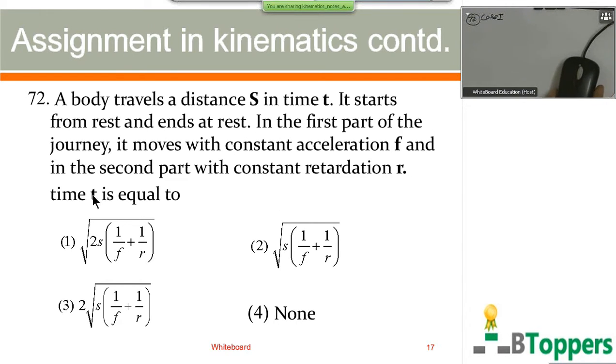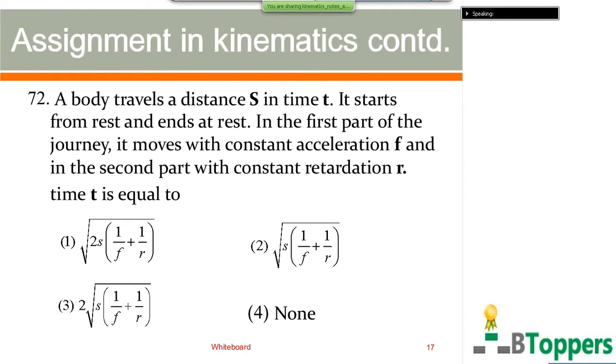In the first part of the journey, it moves with constant acceleration alpha equal to f, and in the second part, with a constant retardation beta equal to r, and t is equal to. There are 4 options given on the screen. If you want to try the question, you can take a pause and try the question.